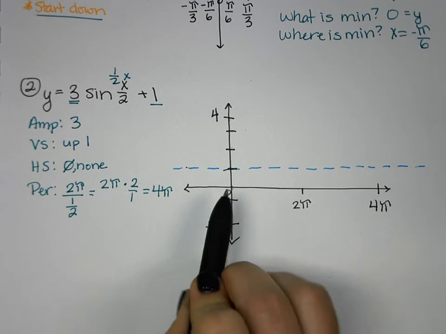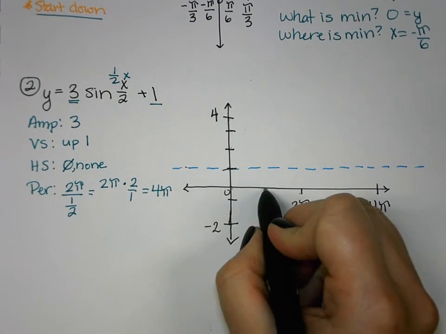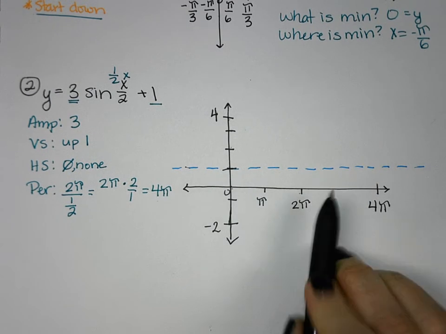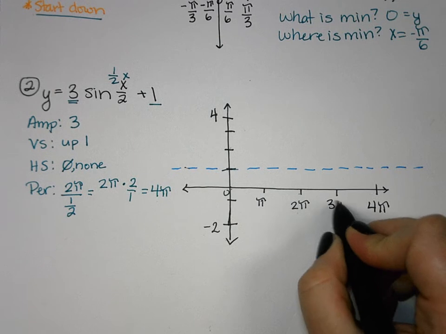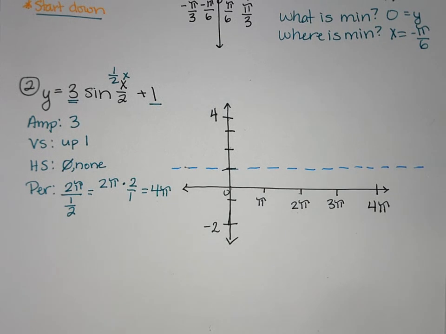What's halfway between 0 and 2 pi? Pi. And halfway between 2 pi and 4 pi is 3 pi. So we find our 5 key x values, and again we make sure we label them.